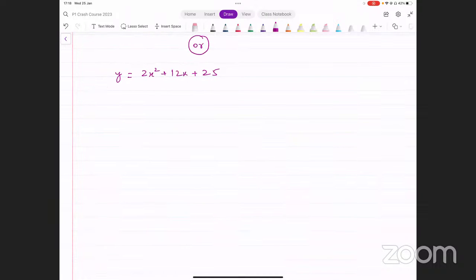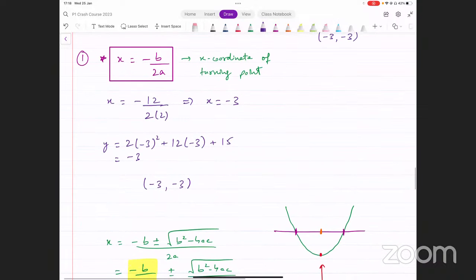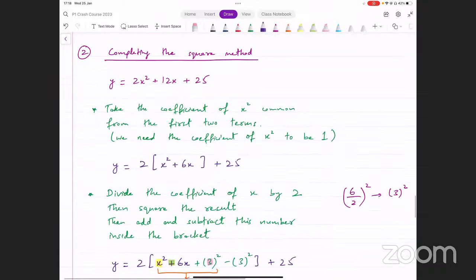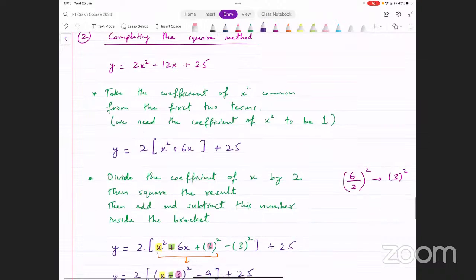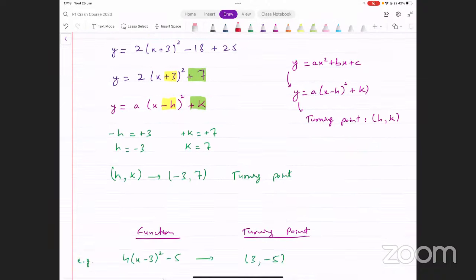Now, what you can do is use the first method for finding the turning point first, and then complete the square using that turning point. So we are flipping this a little. In the earlier method, we completed the square and then used the completed square form to write down the coordinates of the turning point.